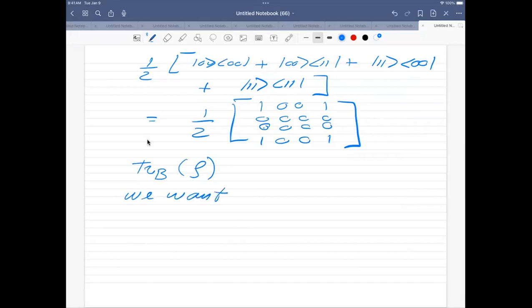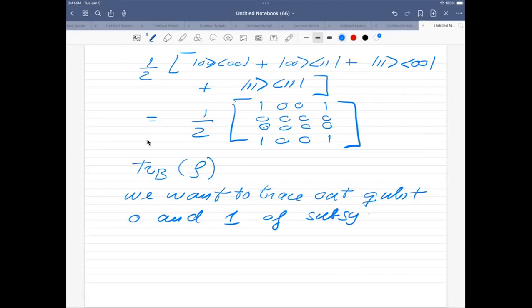let me give you some of these intermediate steps. So we want to trace out qubit 0 and 1 of subsystem A. And this is something which we are going to define by the following operation.